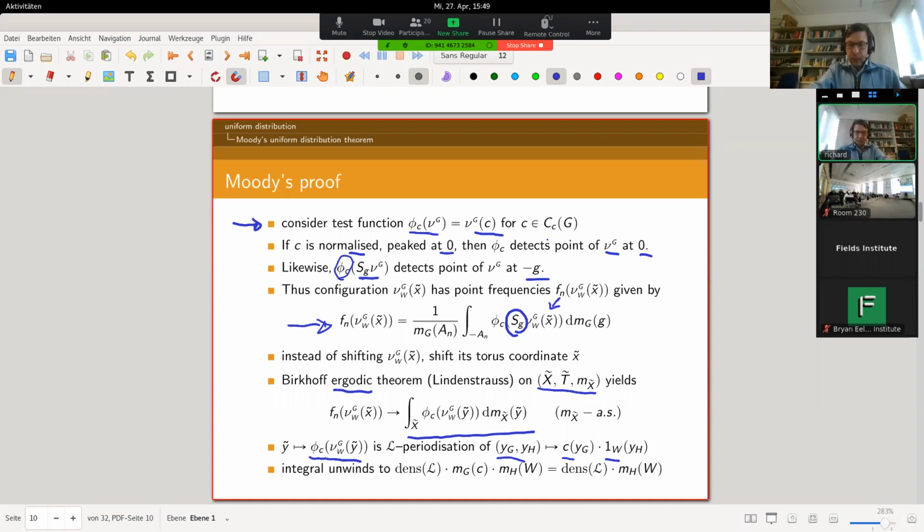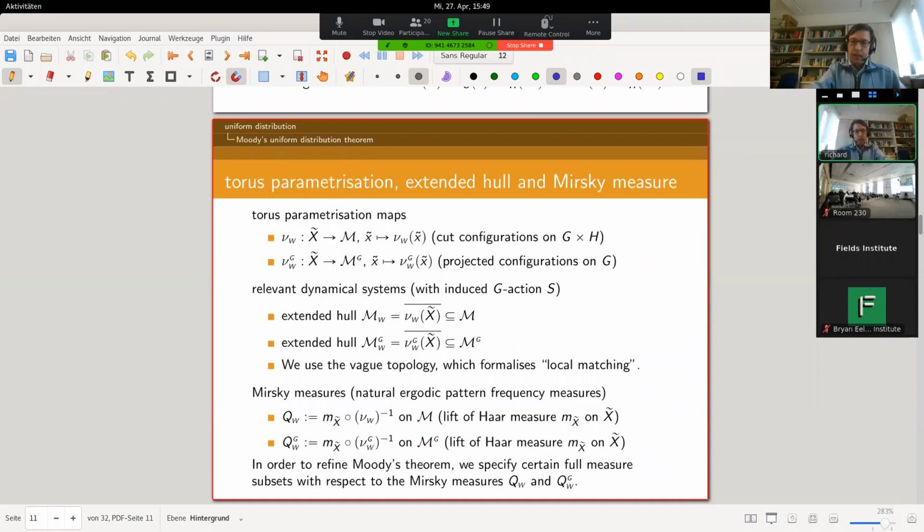Okay, so now I would like to go on and say a bit about the torus parameterization, extended hull, and the measures, and rephrase these statements a bit into, let's say, a more recent formulation, which Gerhard Keller and I, and also Nico Strungaru, have been working on.